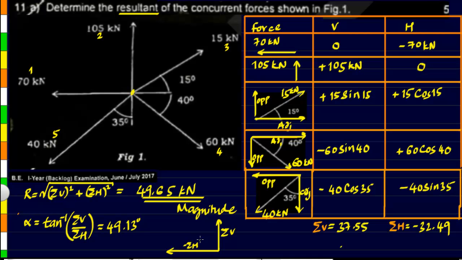That gives us the resultant, which is acting in this quadrant, the second quadrant, and this angle here will be the angle alpha. So this is what completes our direction. Just finding the angle is not going to be enough. You'll also have to show in which quadrant the resultant is acting.